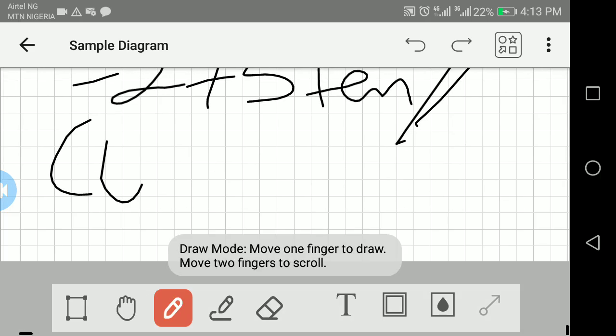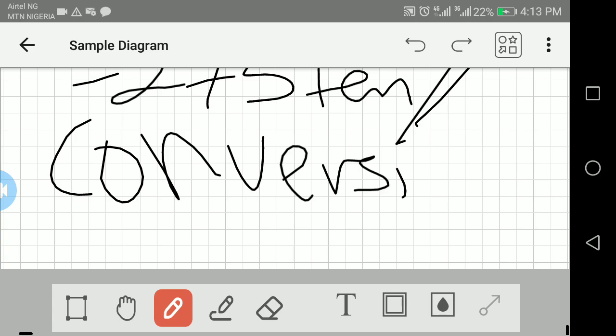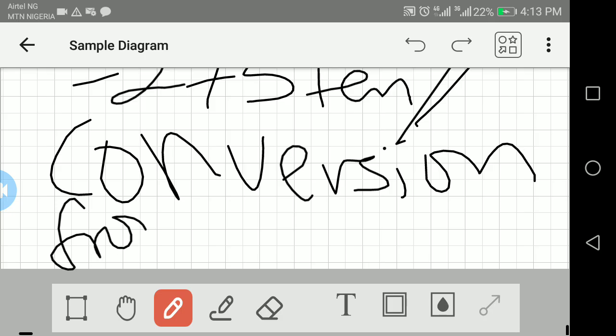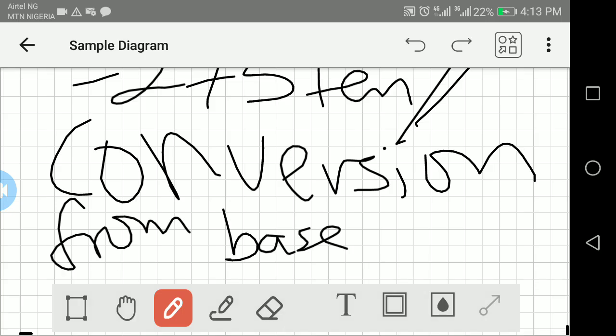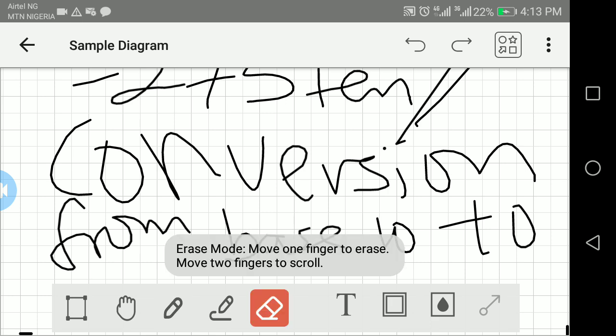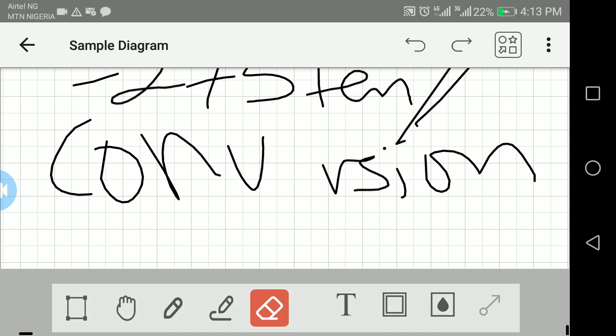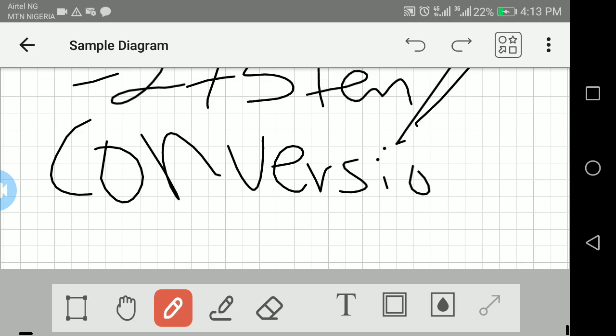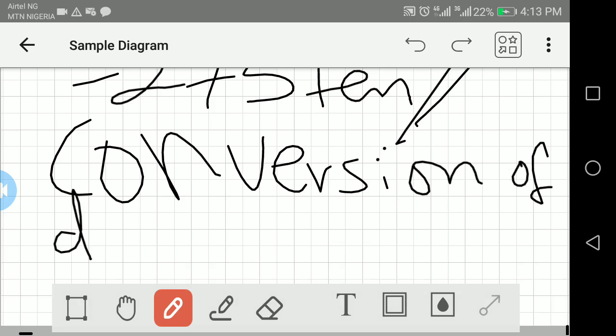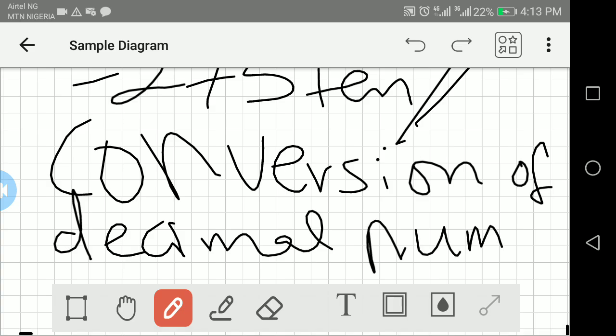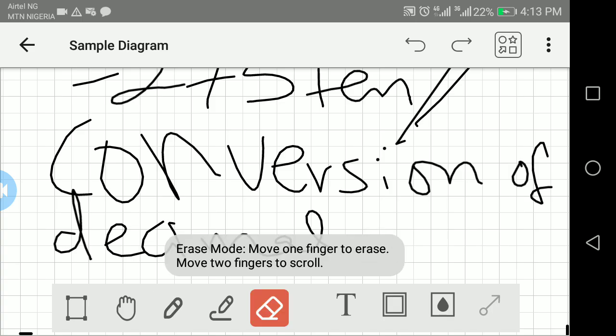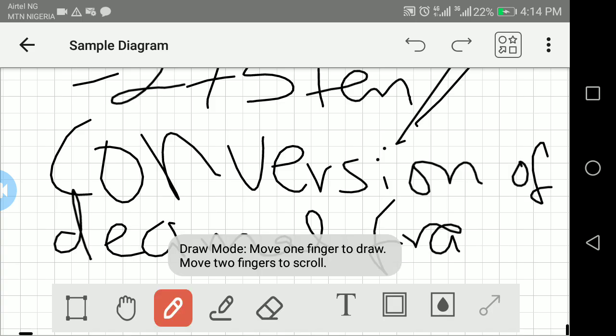We're looking at conversion now of decimal numbers, decimal fractions.